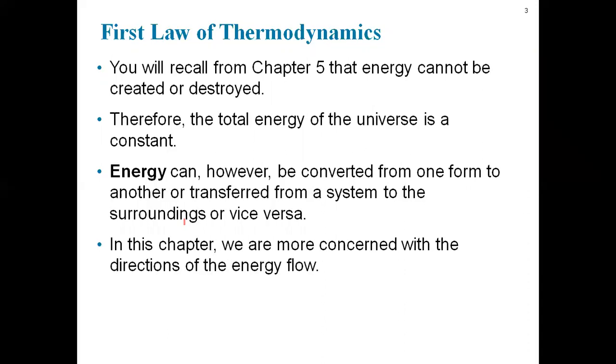In this chapter, we are more concerned with the direction of energy flow, from hot object to cold object, or vice versa. We want to see in which direction the energy flows, or whether the chemical process or reaction will be spontaneous or non-spontaneous.